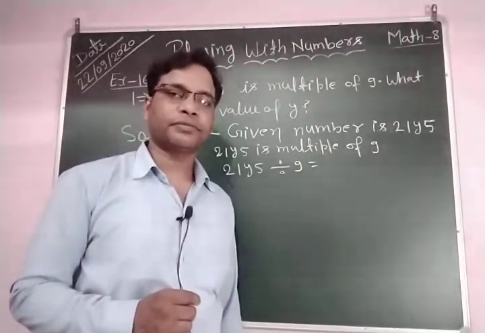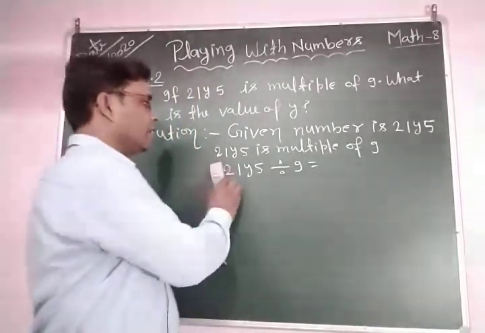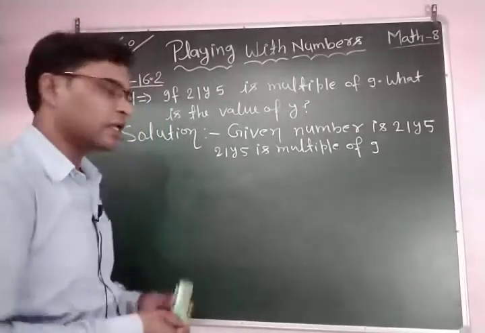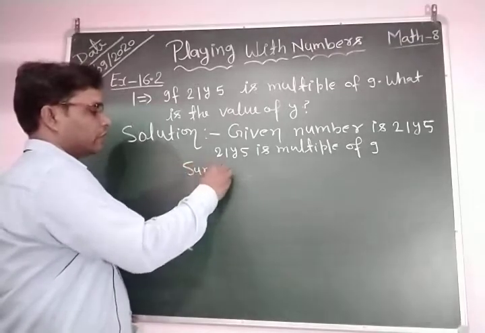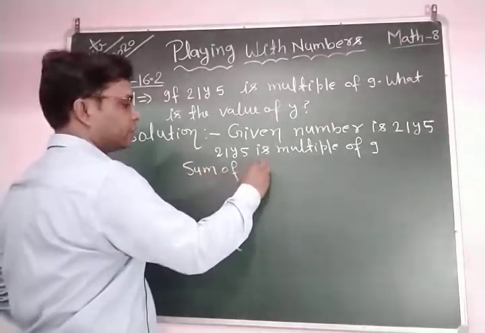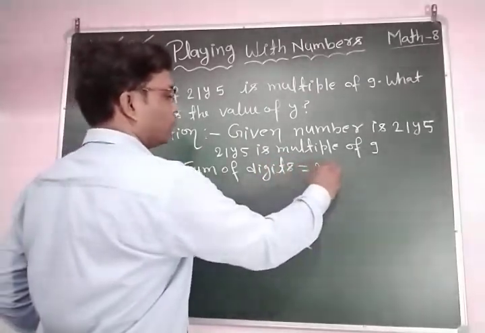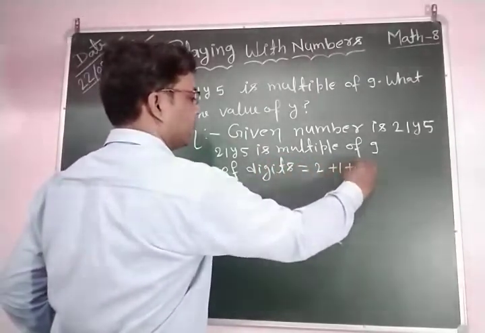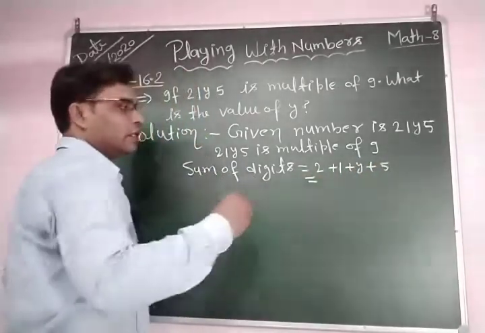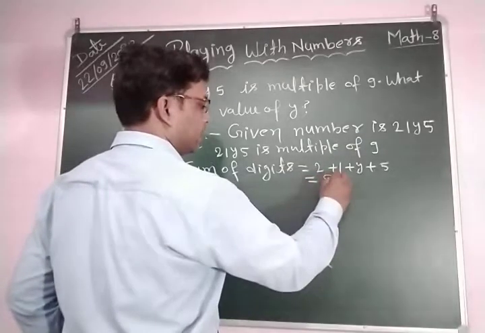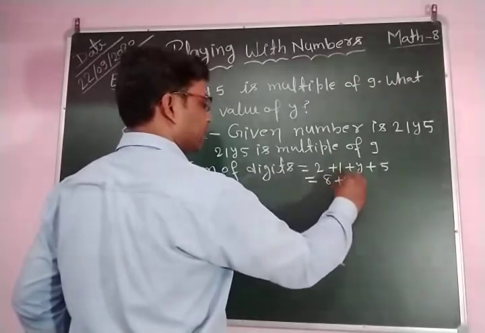For this we find the sum of digits of the number. Sum of digits is equal to 2 plus 1 plus y plus 5. This is equal to nothing but 8 plus y: 2 plus 1 is 3, 3 plus 5 is 8, plus y.